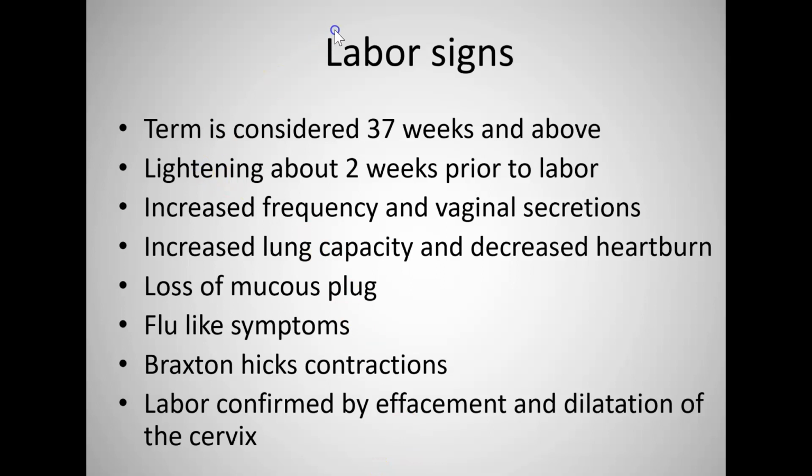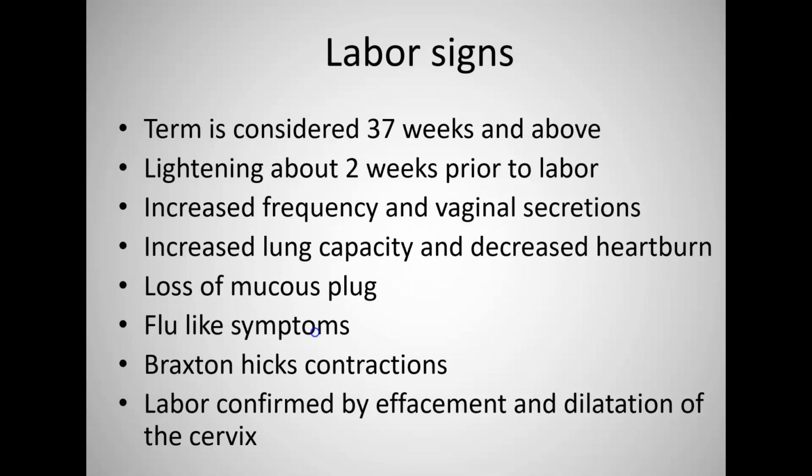So, labor signs. The term is considered 37 weeks, you guys. So if a person is at term, they're 37 weeks and above. You'll get that lightning, which is about 2 weeks prior to them having a baby.